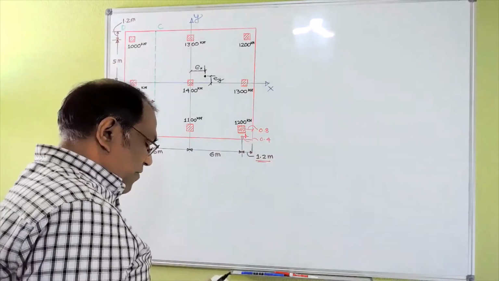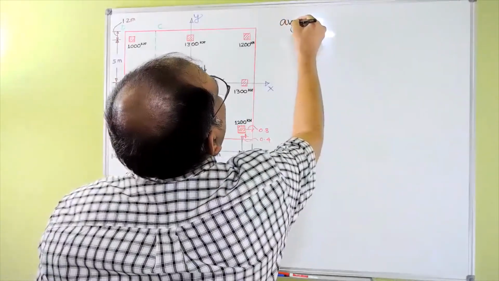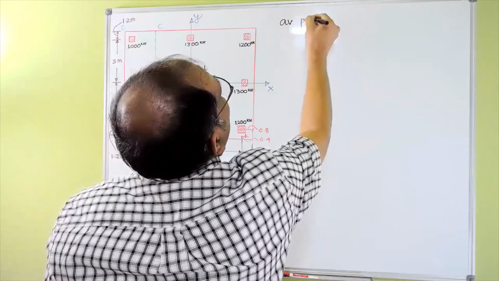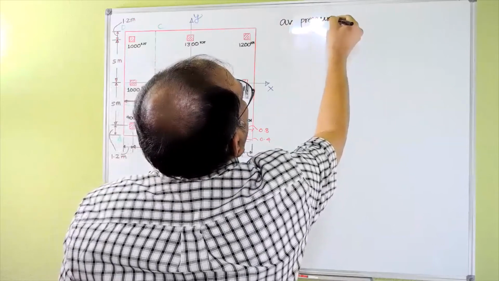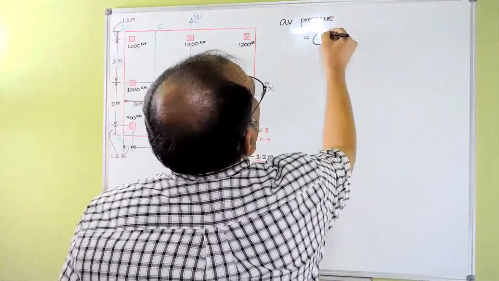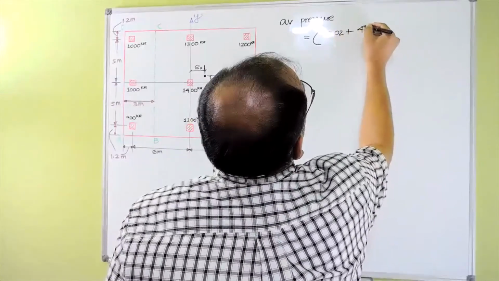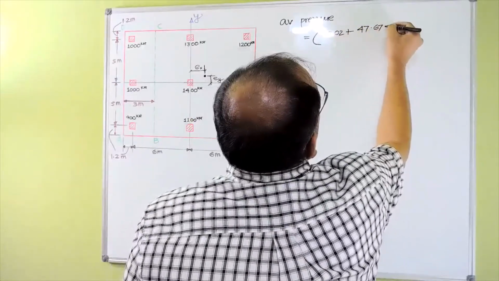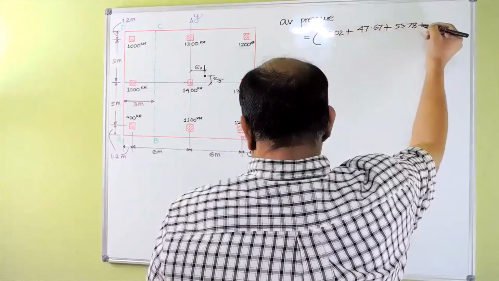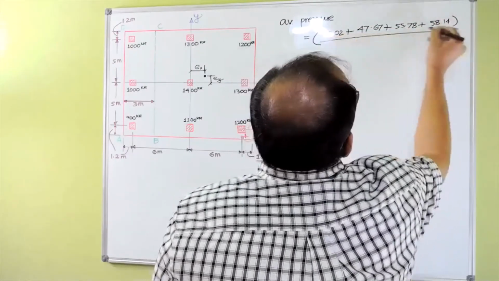So the average pressure would be 43.02 plus 47.67 plus 55.78 plus 58.14, divided by 4.